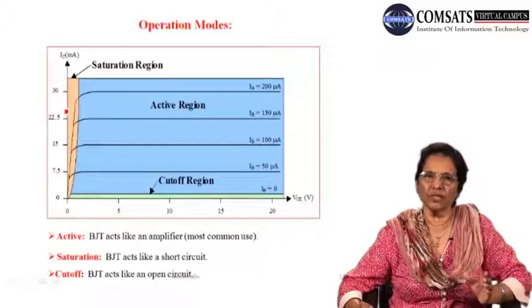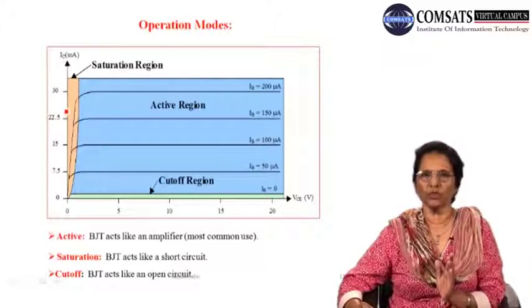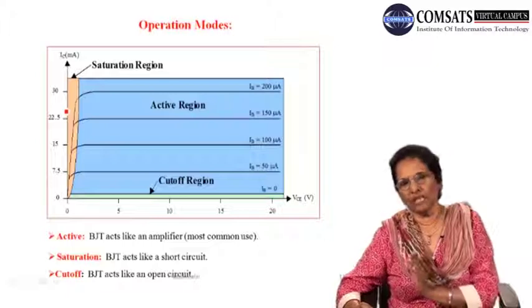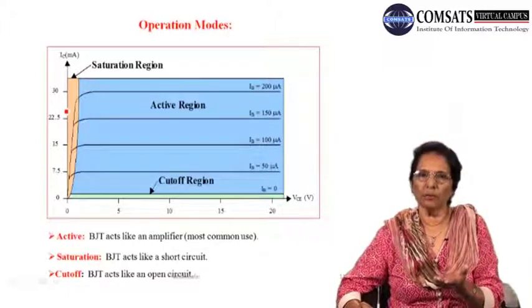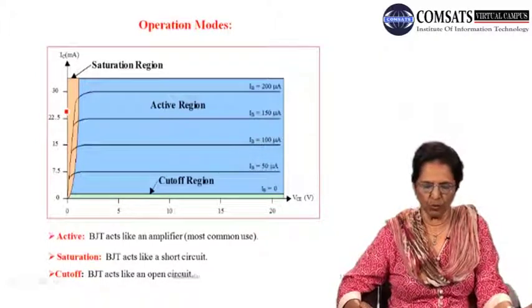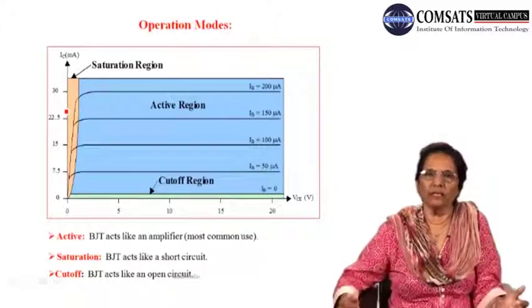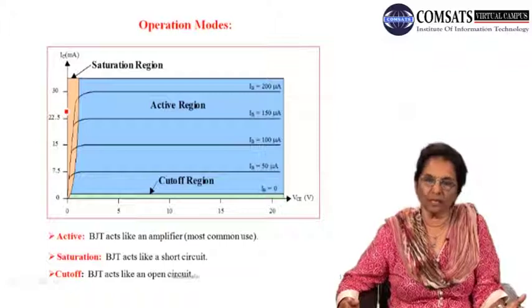So these are the three modes of operation, depending upon the appropriate values of the applied voltage VCE between the base-collector diode and choosing appropriate values for the input, that is the base current, for a common emitter configuration. So we can choose the values and then define whether the transistor is operating in the active mode, the cutoff mode, or the saturation mode.